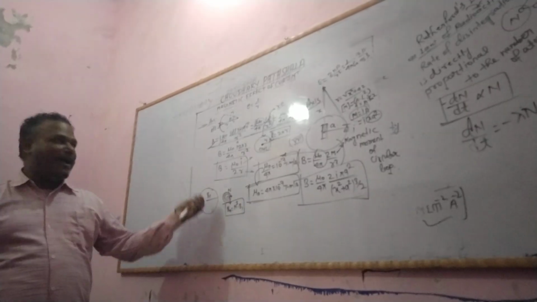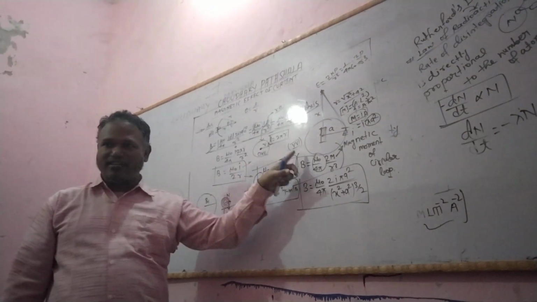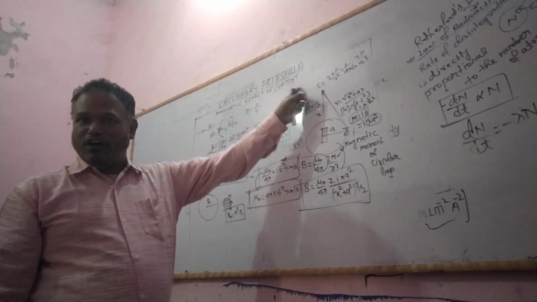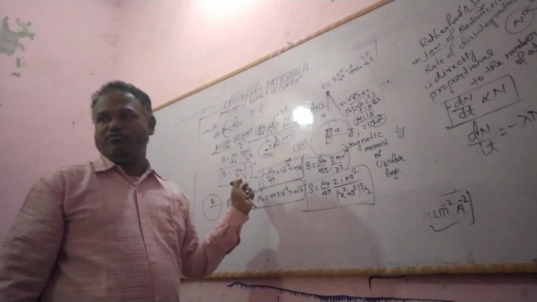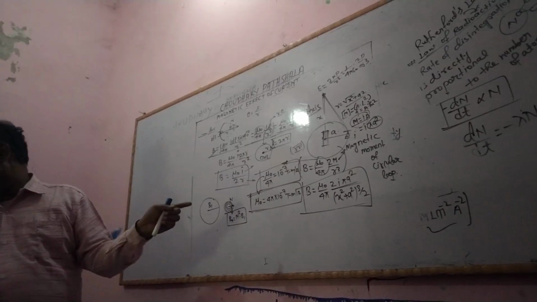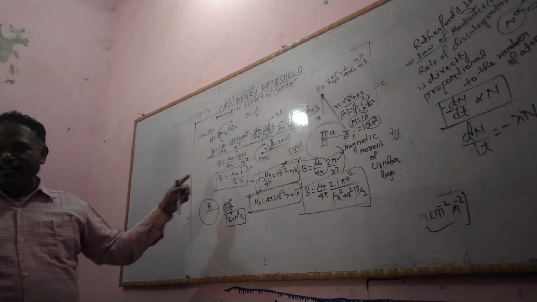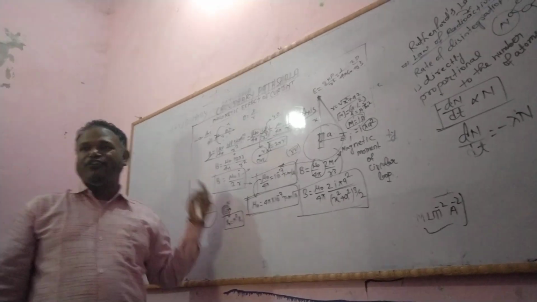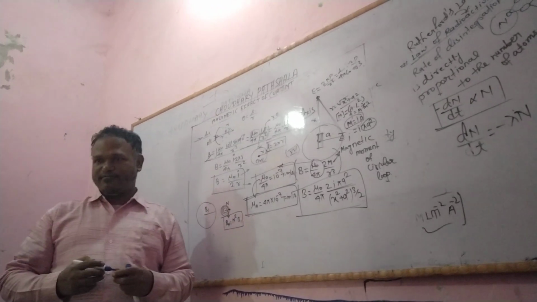So this is magnetic field due to an arc, circle and at the axis of a ring. All these questions are based on Biot-Savart's law. One concept is remaining here, magnetic field due to a straight wire.